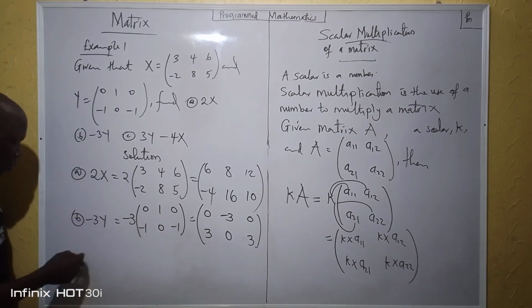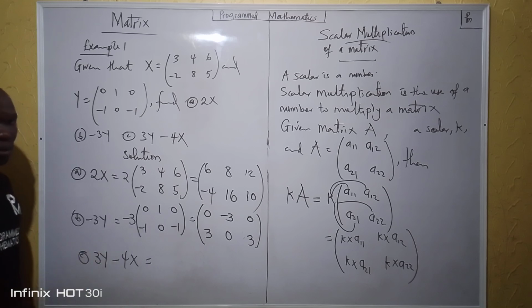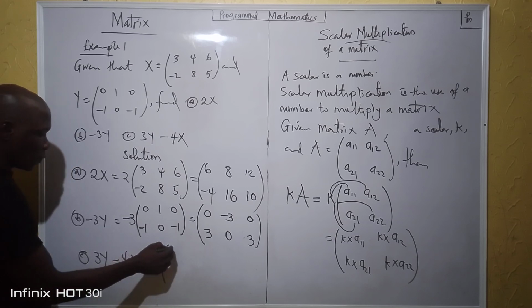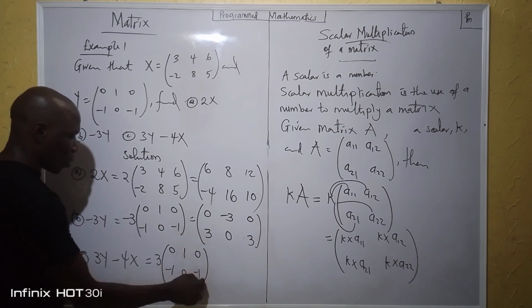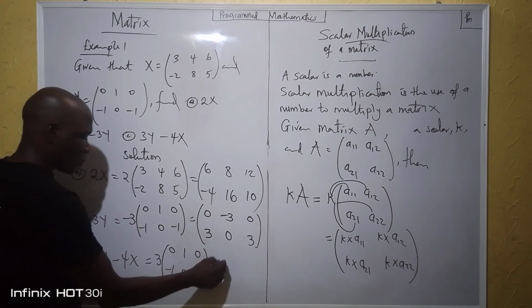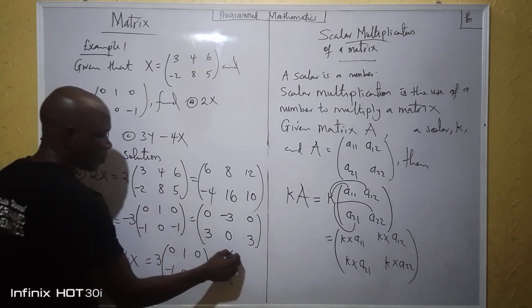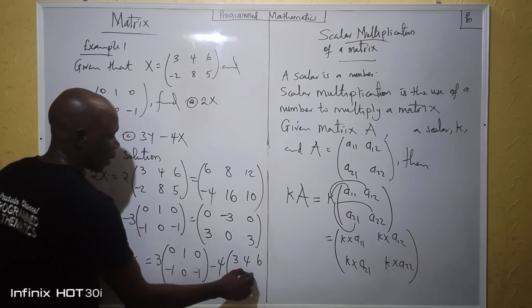For the third one, you can pause the video and work on this first before you continue. So, 3Y minus 4X. What is that saying? 3 times Y, [0, 1, 0; -1, 0, -1], minus 4 times X, [3, 4, 6; -2, 8, 5].